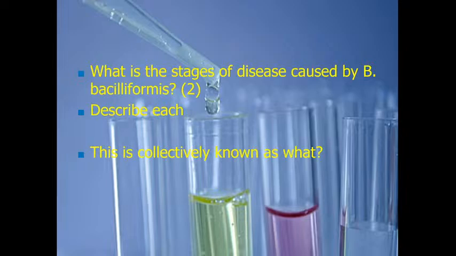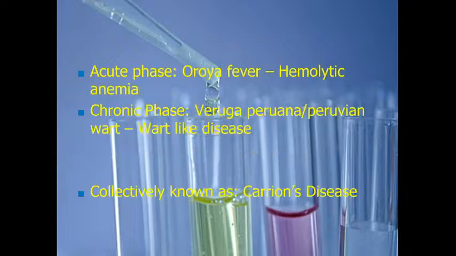Alright, so it's Oroya fever for the acute fever phase. It is characterized by hemolytic anemia. And for the chronic phase, it's Verruga peruana, or the Peruvian wart. It's a wart-like disease. Collectively, this is known as Carrion's disease. So nomenclature-wise, if you're talking about the symptomology, you refer to it as either the acute phase or the chronic phase.